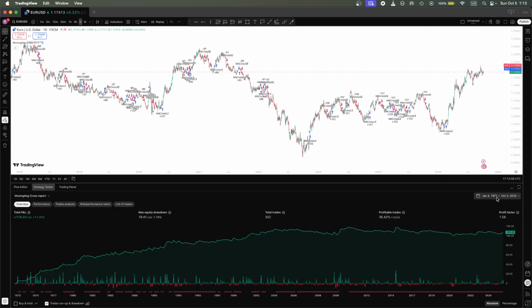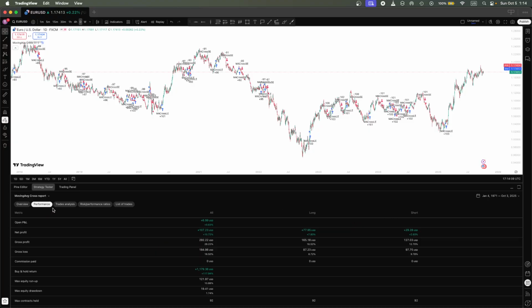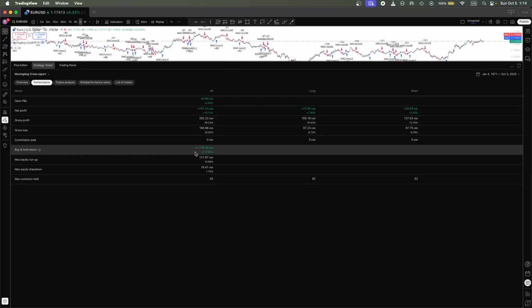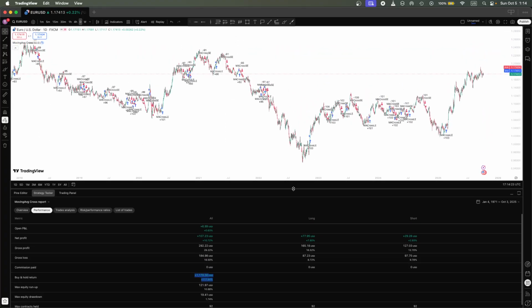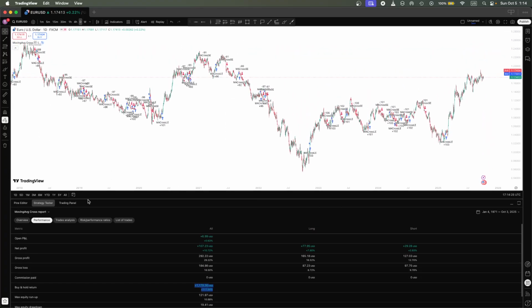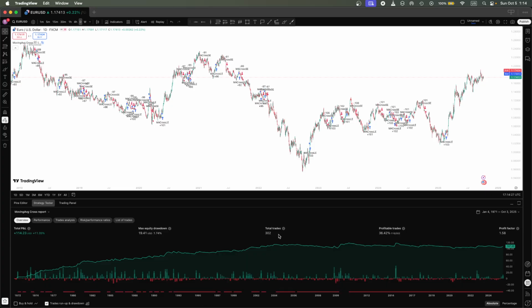Close to around 50 years' worth of trading, and you only make 11%. That's not that good. In the performance metrics, we can see if I would have just bought and held, I would have made 117%. So it's still not that good of a strategy, because over the last 50 years it only took 300 trades.